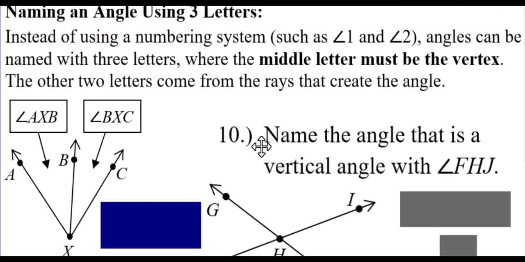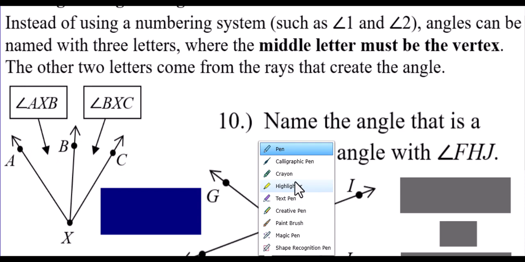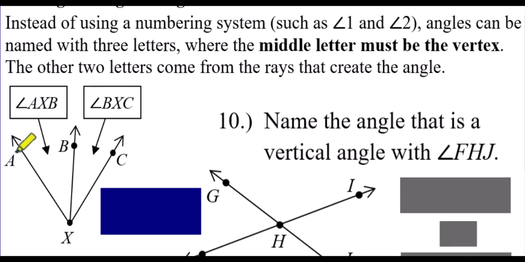All right, the bottom section talked about how when you, instead of using a numbering system, you can name an angle with 3 letters. For example, the angle here that I'm pointing at on the left, notice that uses the letters A, and then X is the vertex, and then B. Notice the vertex must always be the middle letter, and then the other 2 letters are the other endpoints for those 2 different rays.